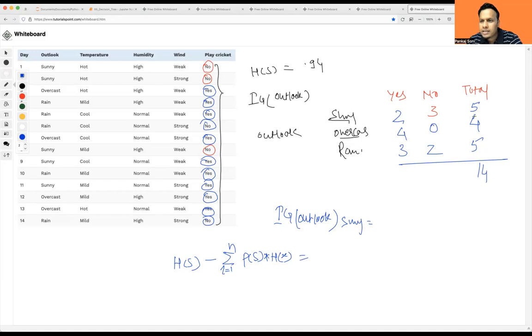So for getting yes, total probability is what? 5 total 14, and for Sunny we have total yes as... I think I made a mistake here while calculating. So total number of features is 5. Okay, for Sunny 5 by 14.